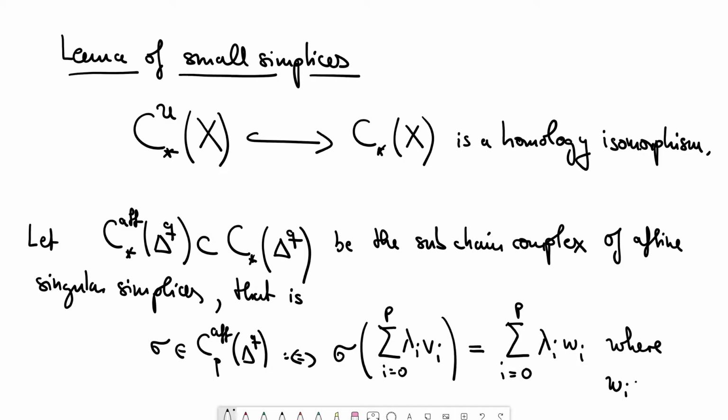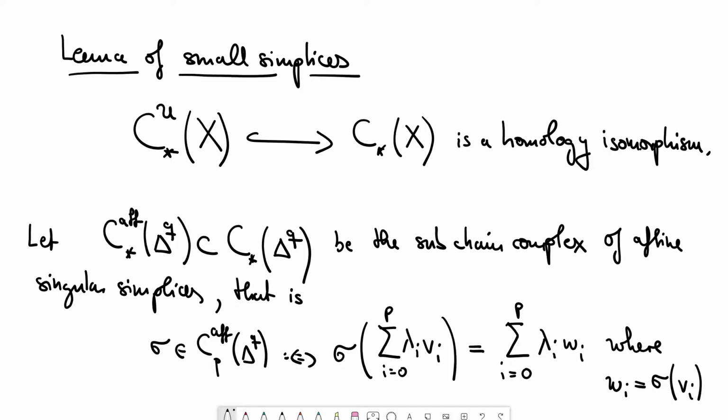So the map sigma is determined by saying where the vertices V_i go to. They go to W_i, and then the whole map sigma is determined by this linear relation.